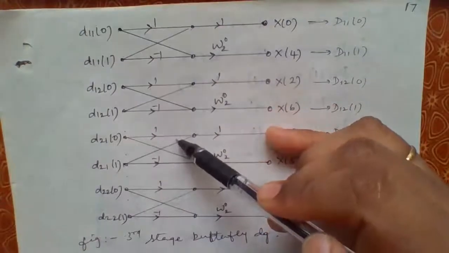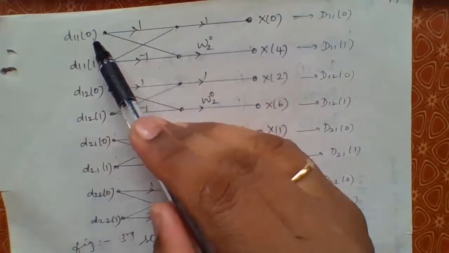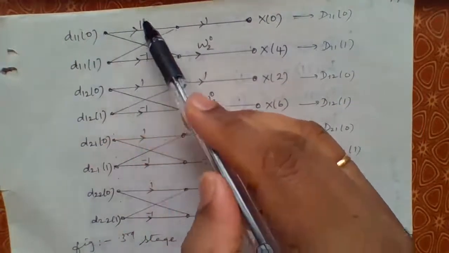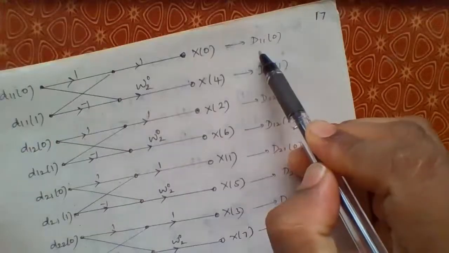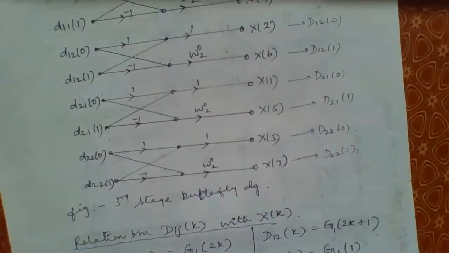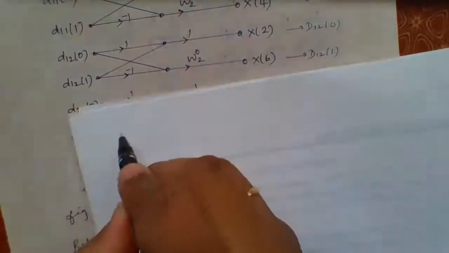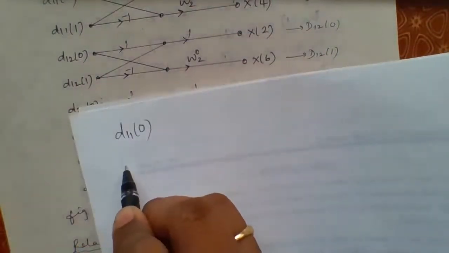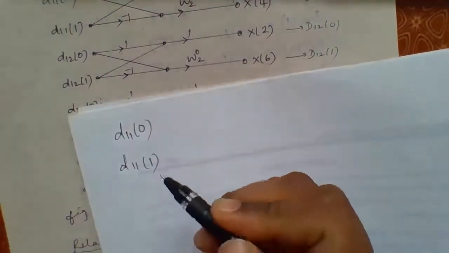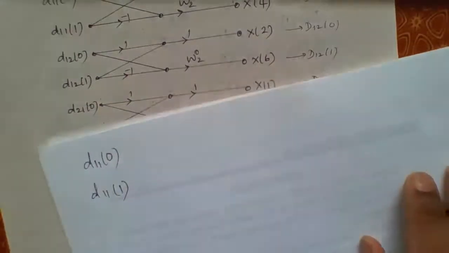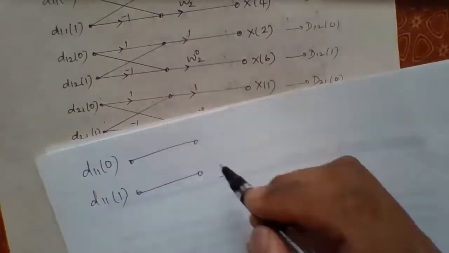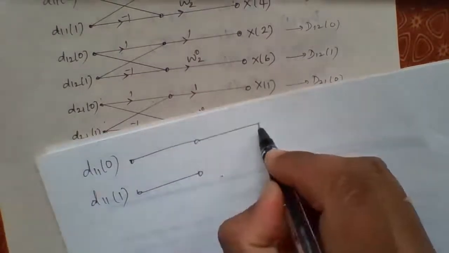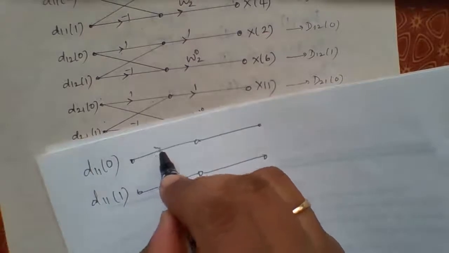Now see here, whenever d11 of 0 is added with d11 of 1, I am going to get what is known as D11 of 0. So in the third stage I have d11 of 0, d11 of 1. Consider only these two for the time being. As per the previous third stage equations, I have either addition or subtraction.